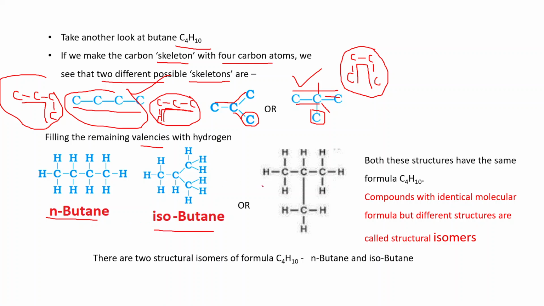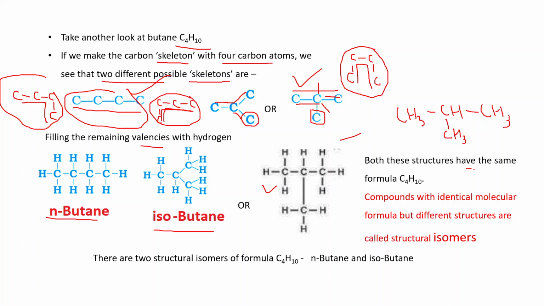This may also be written like this. This is CH3. If you write it in the condensed form, then this may be written as CH3, CH, CH3, and CH3. This is isobutane.